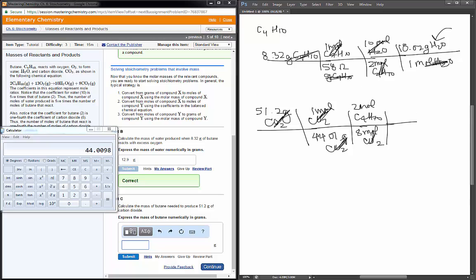We're going to put in our molar mass of 58.12 grams of C4H10 in every 1 mole of C4H10, moles of C4H10 cancel, we should get our answer in grams of C4H10. So that's 51.2 grams of CO2 divided by 44.01 grams of CO2 in a mole, multiplied by 2 C4H10s for every 8 moles of CO2, so divide by 8, and then multiply that by 58.12 grams of C4H10 per mole, and I get a mass of 16.9 grams of butane.